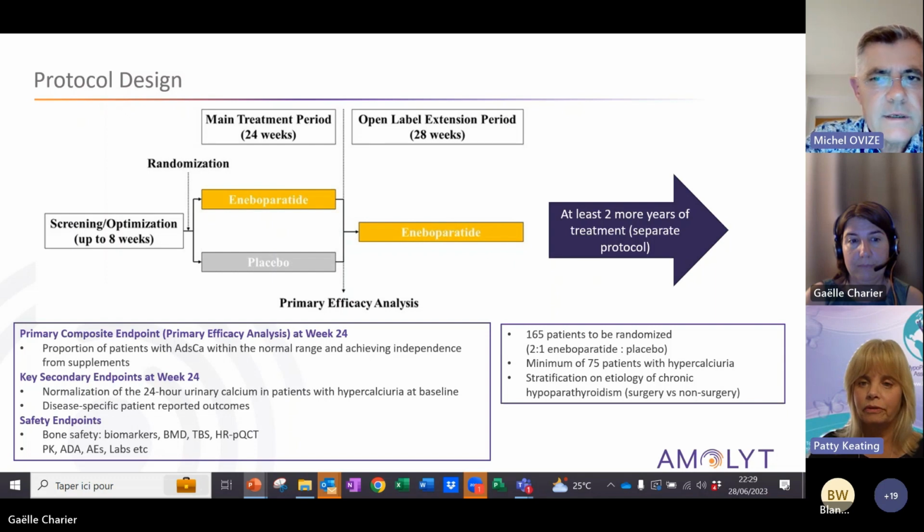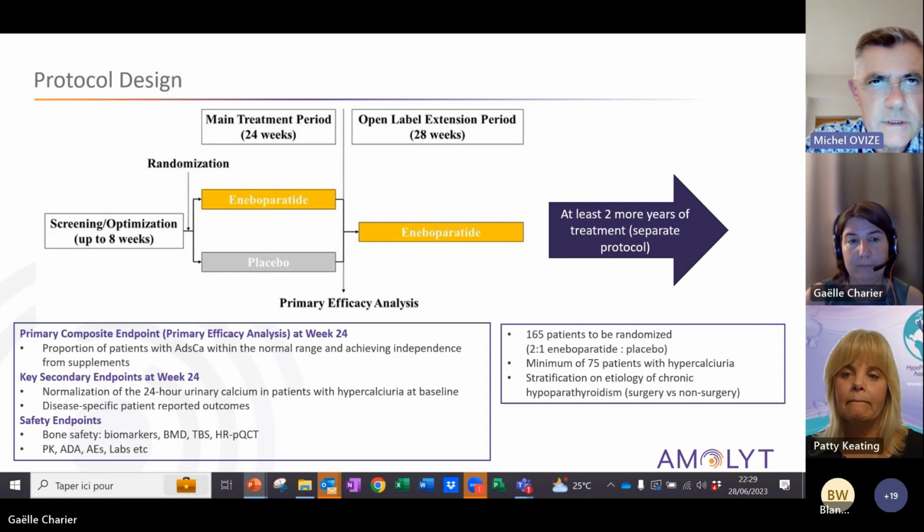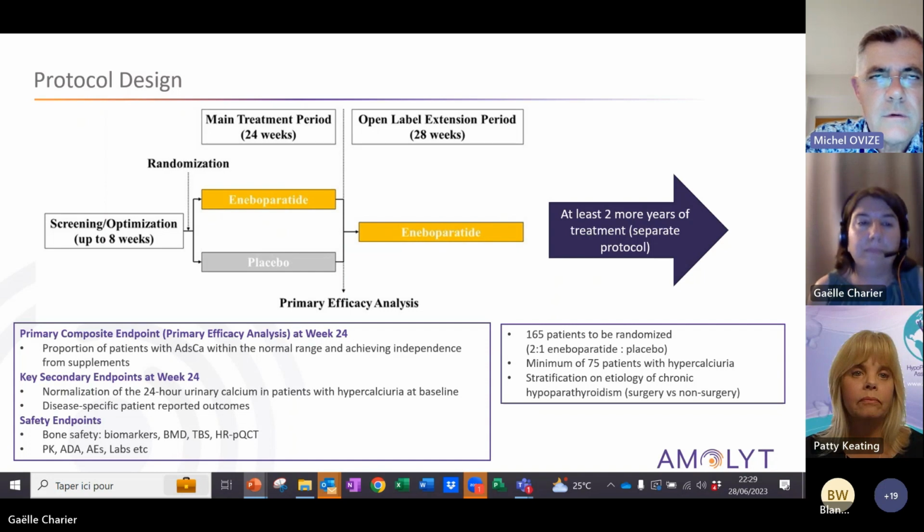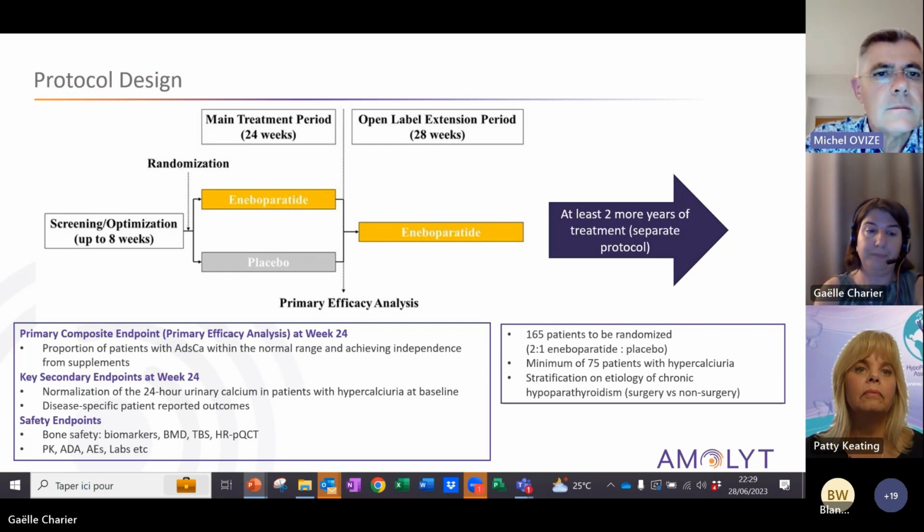If the patient has, for example, 7.5 milligram per deciliter of albumin-adjusted serum calcium, the investigator, together with the patient, will slightly adapt both active vitamin D and oral calcium intake so that the patient comes above 7.8. Gotcha. Okay, thank you. So it can take up to 8 weeks.